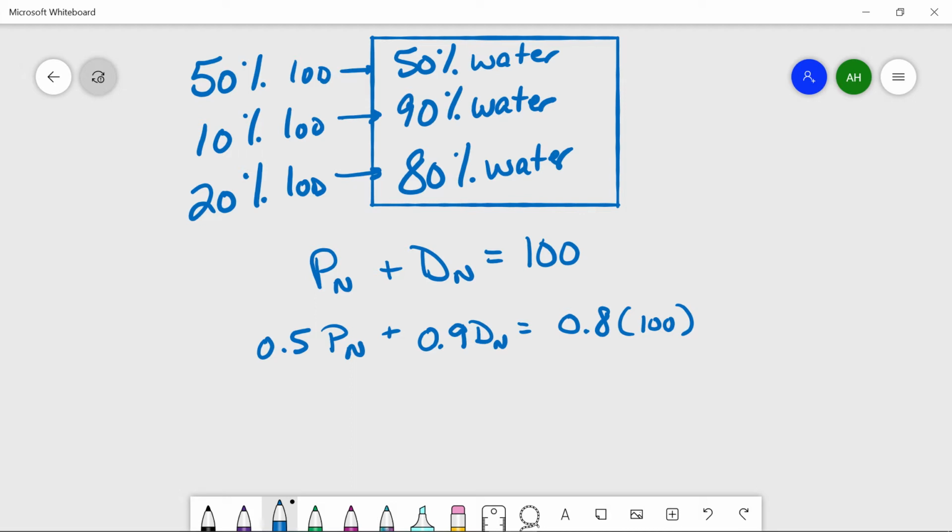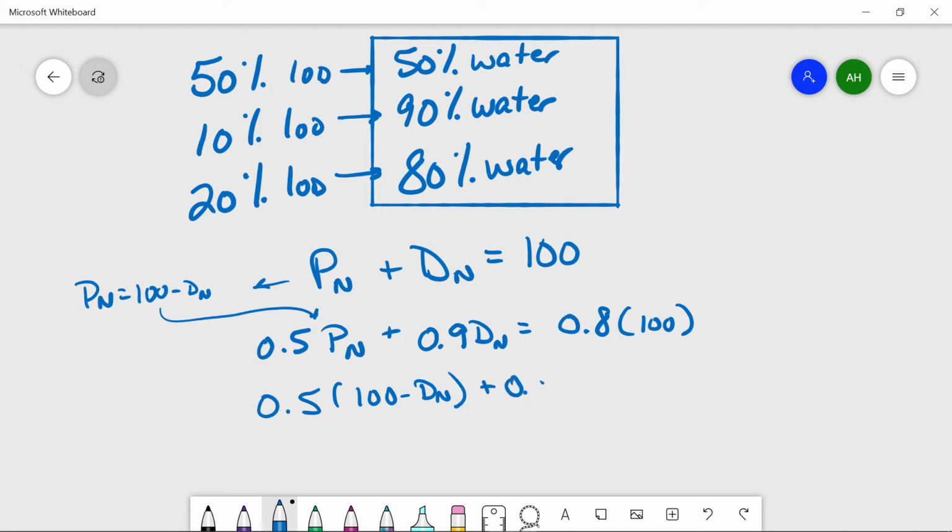So again, PN equals 100 minus DN. And I'm going to be able to take this and substitute it in right there. So I'm going to get 0.5 times 100 minus dN plus 0.9 dN equals 0.8 times 100.